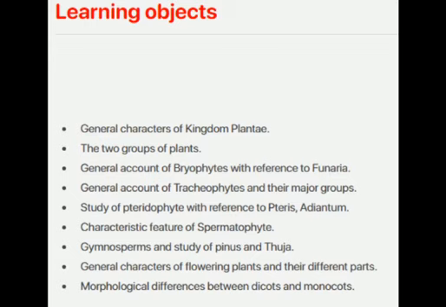Chlorophyllous means having green color chlorophyll in it, but they are non-vascular. What does it mean? It means that they don't have vascular tissues or the conducting tissues, which are present in Brassica campestris. What are they? They are xylem and phloem.